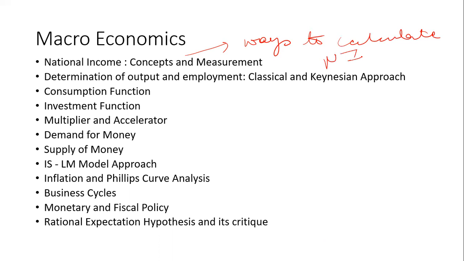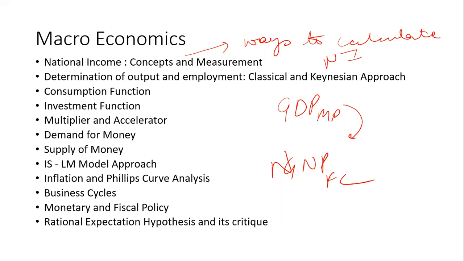We are going to understand what includes what. If I talk about conversion from GDP MP to GNP FC, what does this mean? Or maybe NNP FC, what does this mean? So we have to understand the concepts behind each of these. What is net factor income from abroad? We want to understand that.